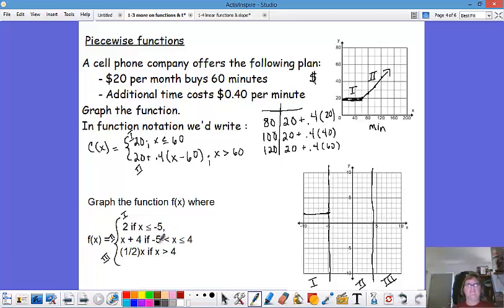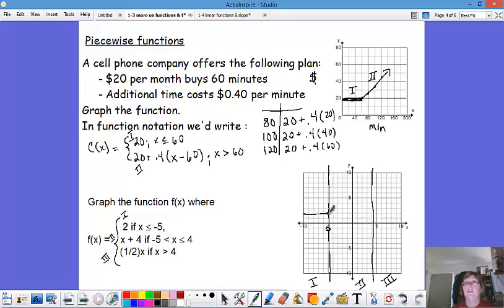But if we want to graph this correctly, we have to think, okay, this part doesn't have a value at -5, but I need to know where it would be, because that's where things start here. So I'm going to put -5 into my function rule. -5 plus 4 is -1. So right here on the line, when x is -5, this function should have had a value of -1.